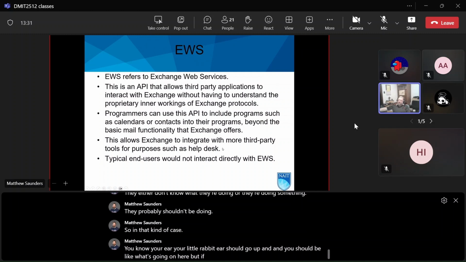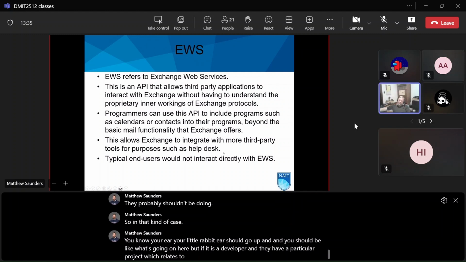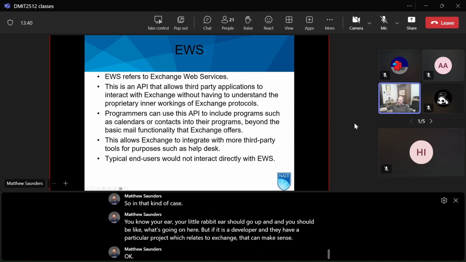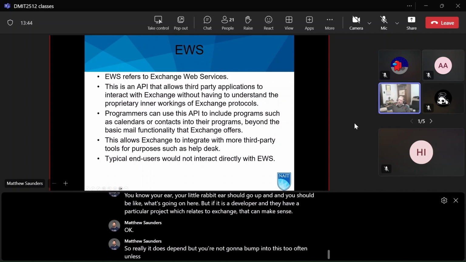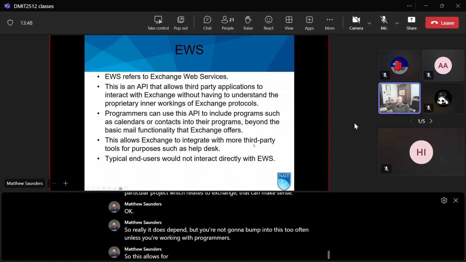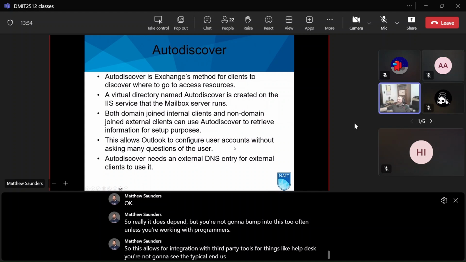But if it is a developer and they have a particular project which relates to Exchange, that can make sense. Okay, so really, it does depend, but you're not going to bump into this too often unless you're working with programmers. Okay, so this allows for integration with third-party tools for things like help desk. You're not going to see the typical end user asking about this.